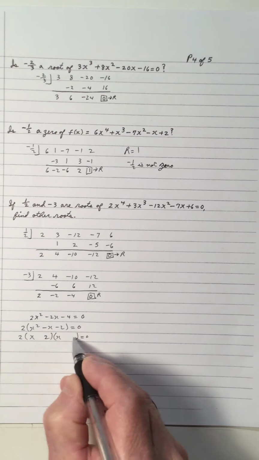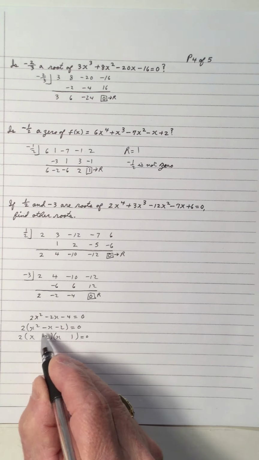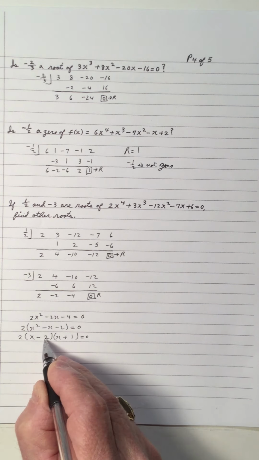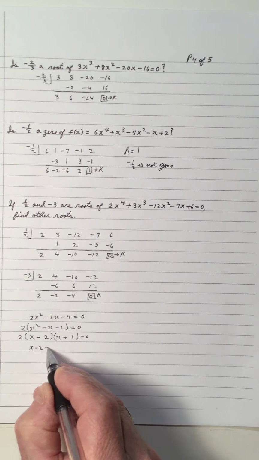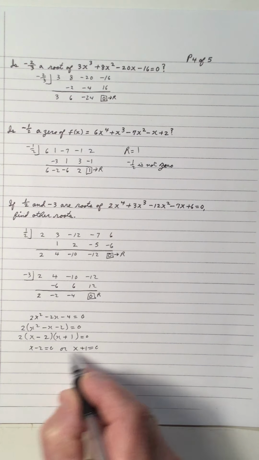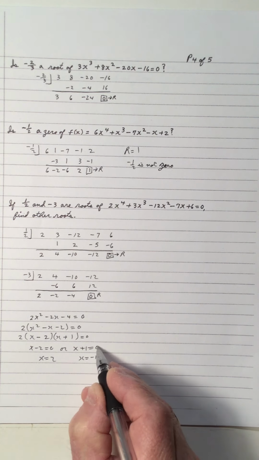Factors of 2 are 2 and 1. Because the product is -2 and the sum is -1, I got a -2 and a +1. Multiply, -2 times 1, -2. Add, -1. So we have x minus 2 equals 0, or x plus 1 equals 0. x is equal to 2, x is equal to -1.